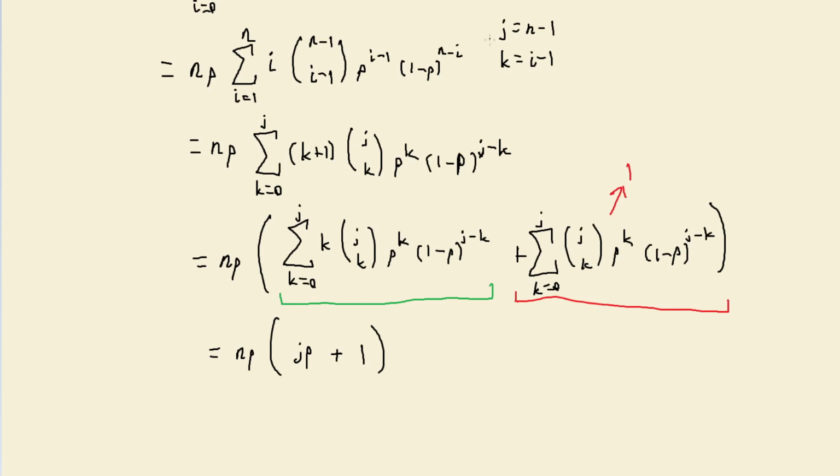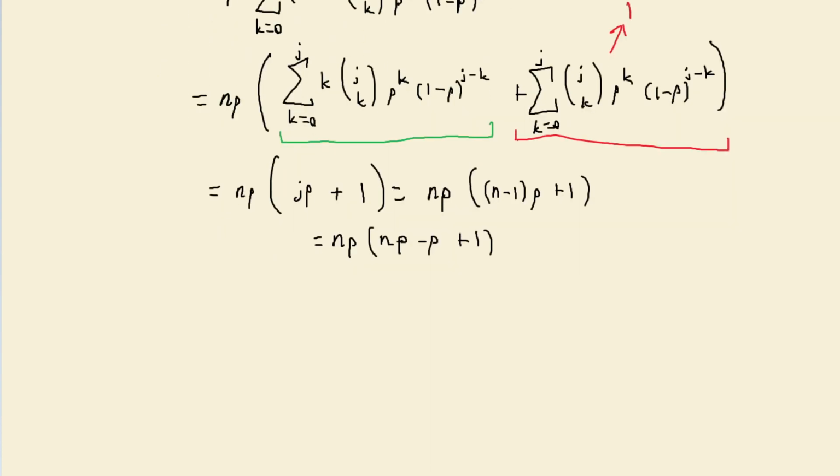And now the last thing we need to do is substitute what j is back into this equation right here. And so what we're going to get is np times n minus 1 times p plus 1. This is going to reduce to np times np minus p plus 1.